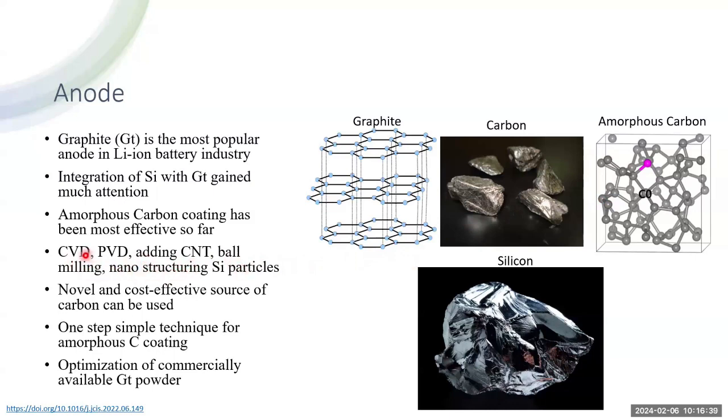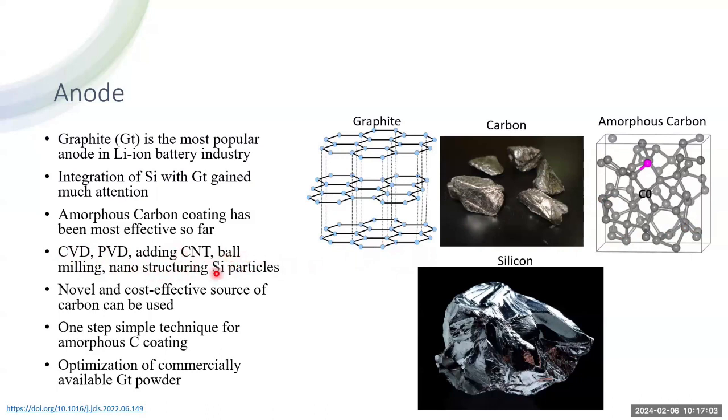There is CVD, that means chemical vapor deposition, PVD, physical vapor deposition, adding carbon nanotube. You may have heard about it. Carbon nanotube is actually a form of graphite, but a single layer of graphite folded in the form of a cylinder. One single sheet. This is called CNT.